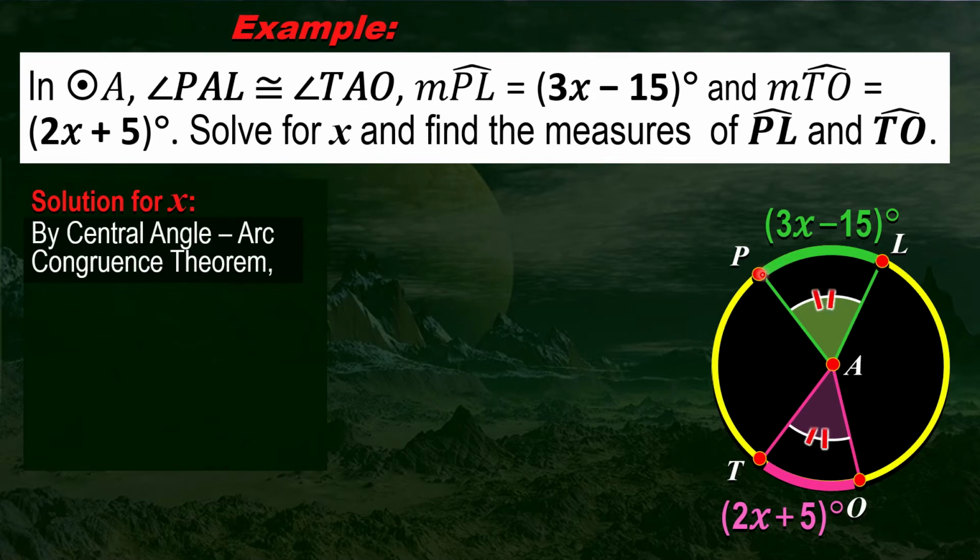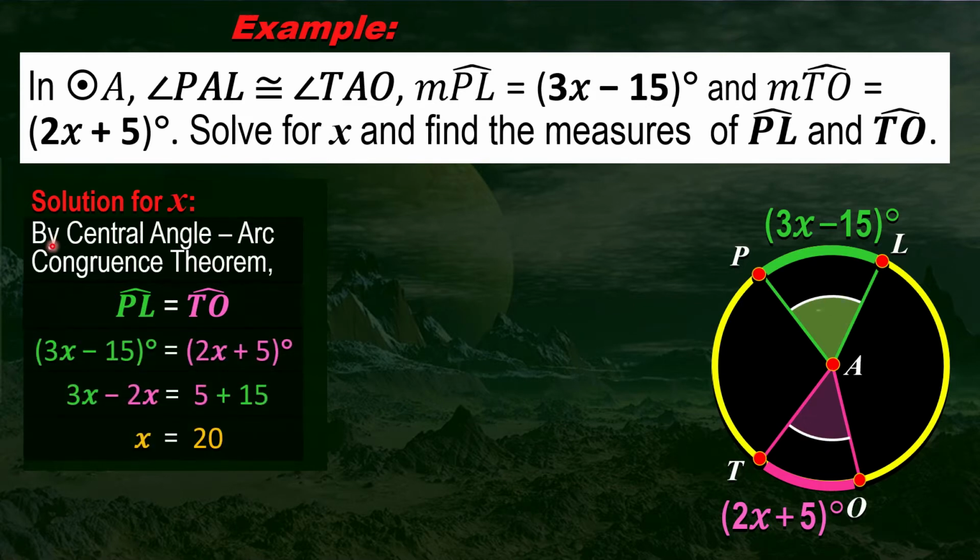Ang intercepted arc natin ay yung arc PL, meaning, yung arc PL ay equal sa arc TO. Paano natin hahanapin yung x? Using central angle or arc congruence theorem, ulitin natin, ang arc PL ay equal sa arc TO. PL ay 3x minus 15 at ang arc TO ay 2x plus 5.